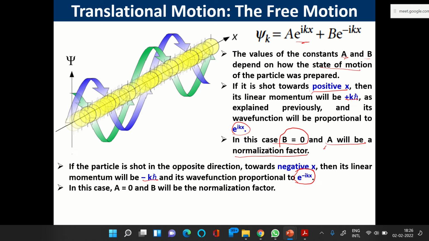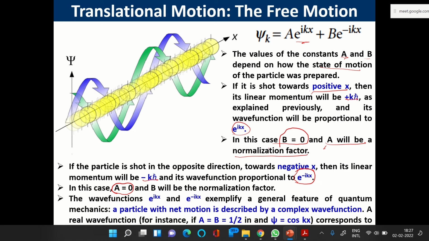So in the second case, if it is moving in the minus x direction, there should be no component from the other term. To represent that, the constant a must become 0. In that case the first term will not contribute, so A will be 0, and B will become the normalization factor.